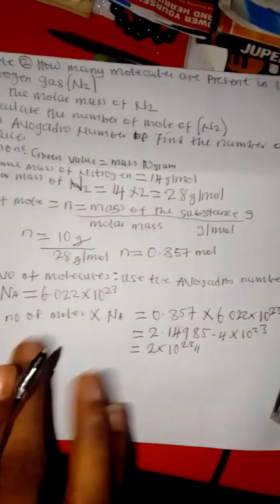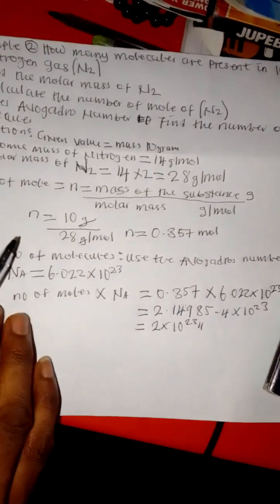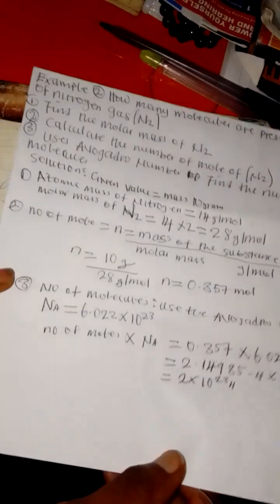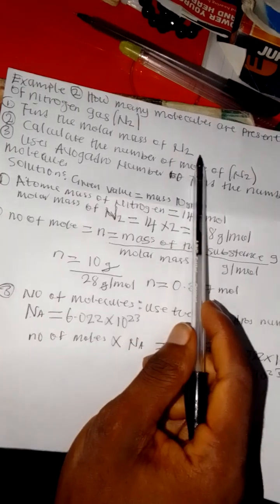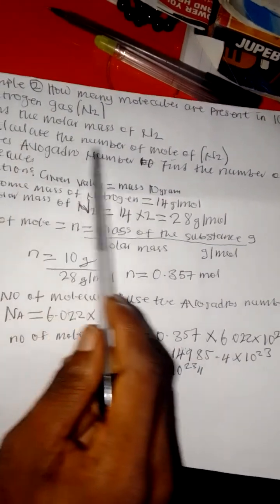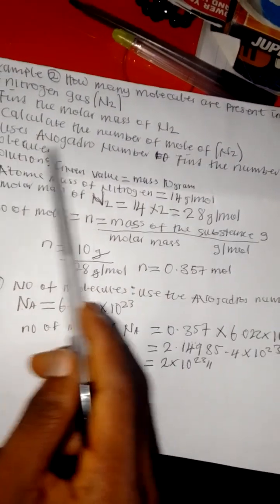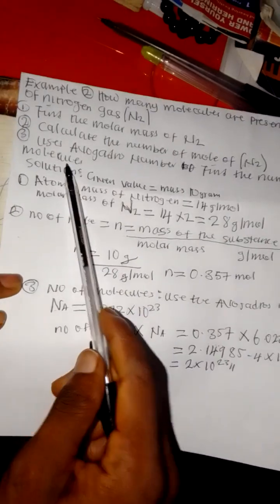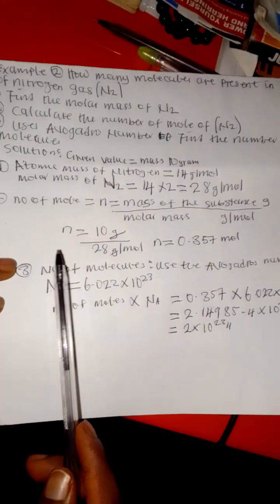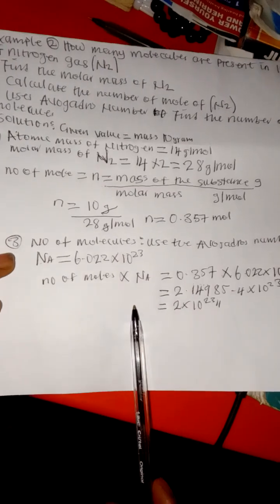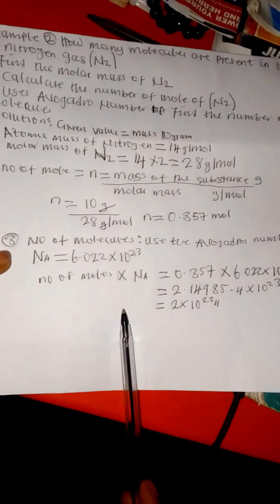That is the final answer. If you don't understand any step in this calculation, from finding the molar mass of nitrogen gas to calculating the number of moles, and using Avogadro's number to find the number of molecules, do well to drop the question in the comment section.